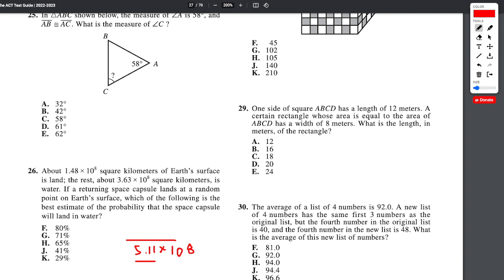Our numerator will be the probability that it lands in water, 3.63 times 10 to the 8th. So essentially it's just this, 3.63 over 5.11. Which is 0.71. So 71%.